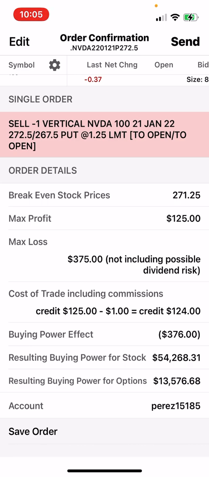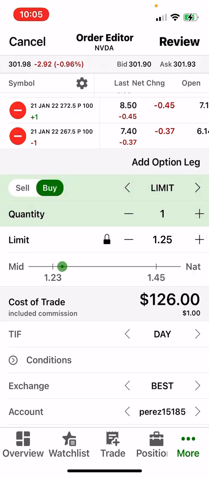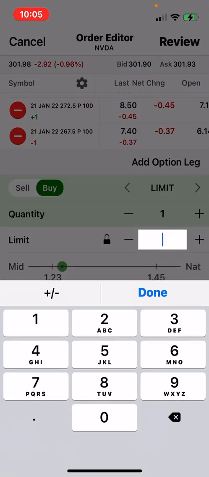And let's say it gets filled. So once it gets filled, what I do is I set my order to buy it back, right? So I collected 125.